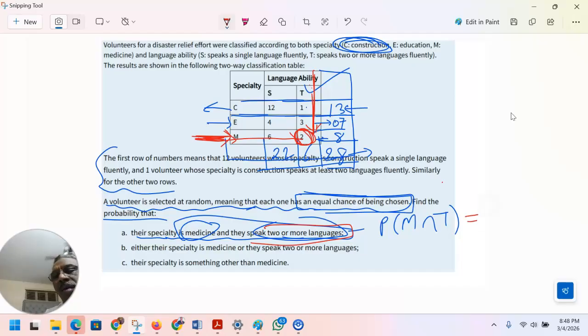That means it is 2 out of 28. Okay, so simple. And you can write this answer as you want. Let's see whether they want you to keep it, or you can reduce by dividing by 2 to get 1 out of 14. The second question is, so let me clean this, then we make room for other questions.